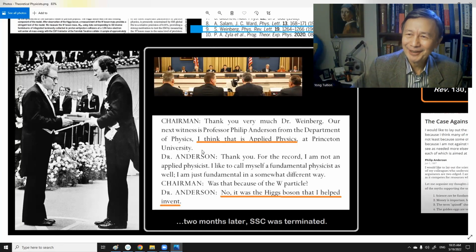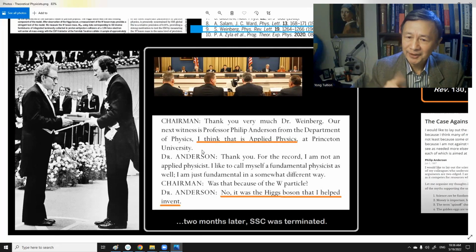Obviously, he had learned this from Weinberger a lot. "No," said Dr. Anderson. "It was the Higgs boson that I helped invent." I mean, you cannot hide your real contribution in public. Do you agree?